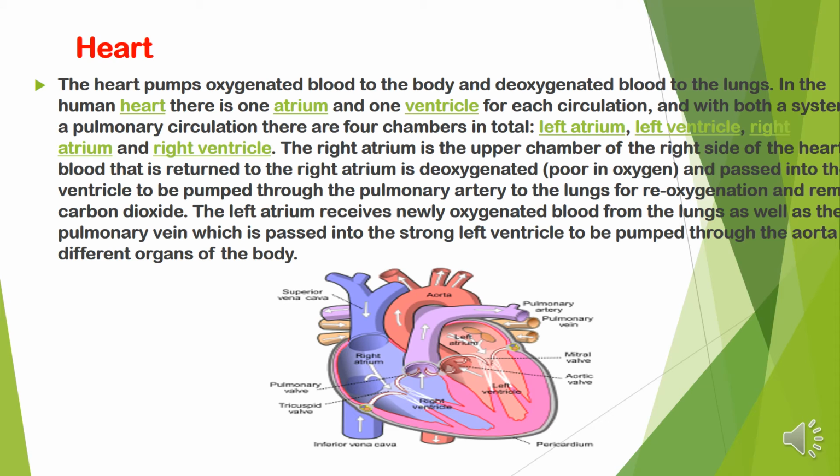The left atrium receives newly oxygenated blood from the lungs through the pulmonary vein, which is passed into the strong left ventricle to be pumped through the aorta to different organs of the body. That is how the heart works in our body to maintain oxygen.